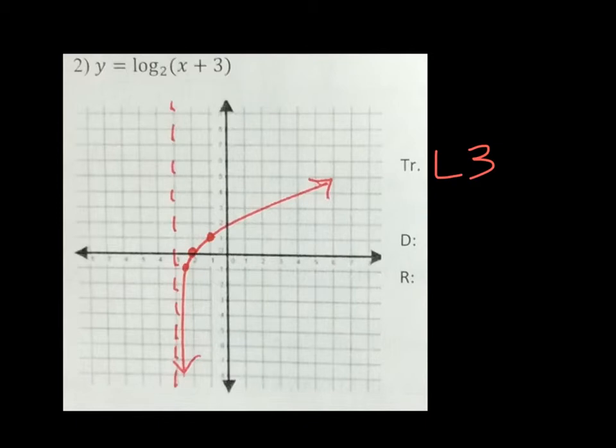The domain, our domain has also been shifted. So the domain of this function is -3, open on -3, to infinity, and the range continues to be -infinity to infinity.